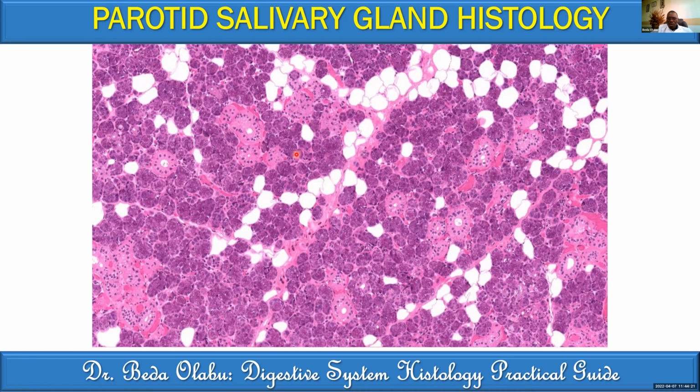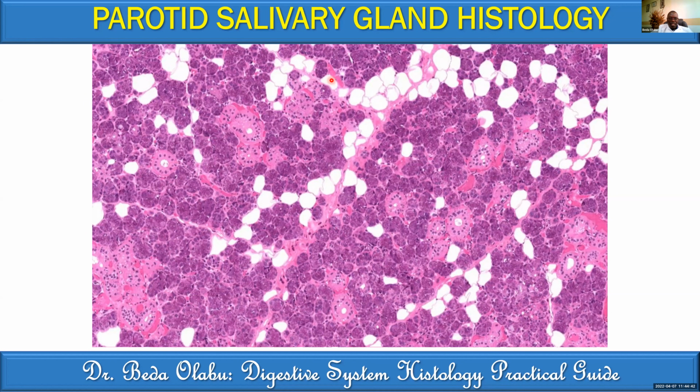I'm struggling to identify any mucus acini. What we appreciate is that the acini are predominantly serous. We also note that within the lobules, we have ductal structures like that and that and that one. So we have ducts which are inside the lobules.